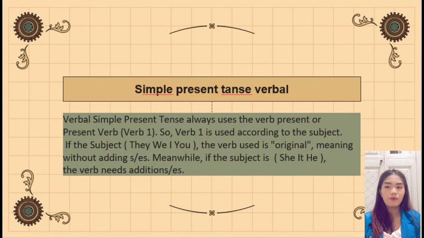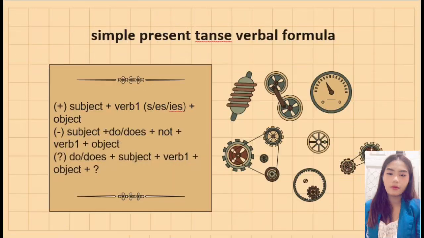Simple present tense verbal. Verbal simple present tense always uses the present verb, or verb 1. Verb 1 is according to the subject. If the subject is they, we, I, or you, the verb used is the original form, without adding s or es. Meanwhile, if the subject is she, it, or he, the verb needs the addition of s or es.